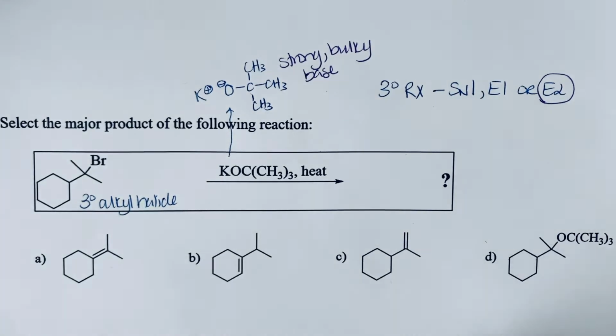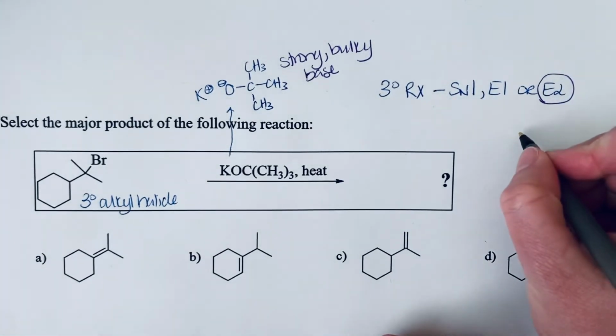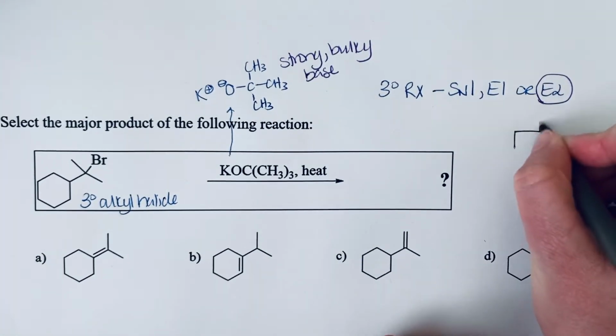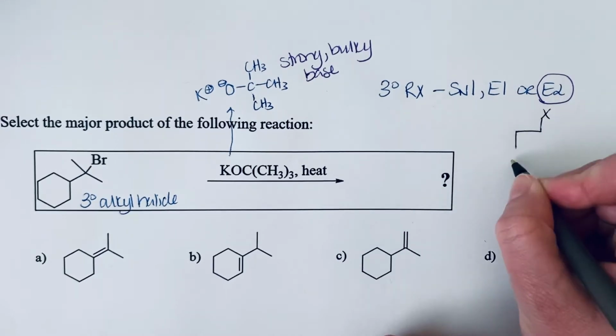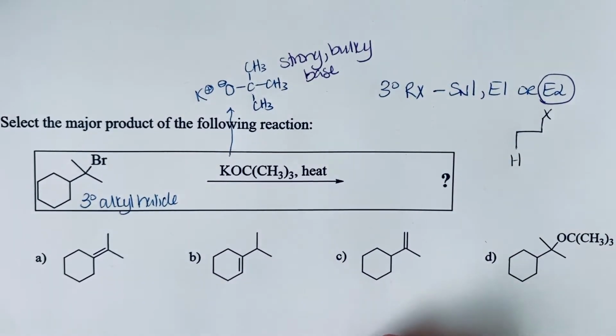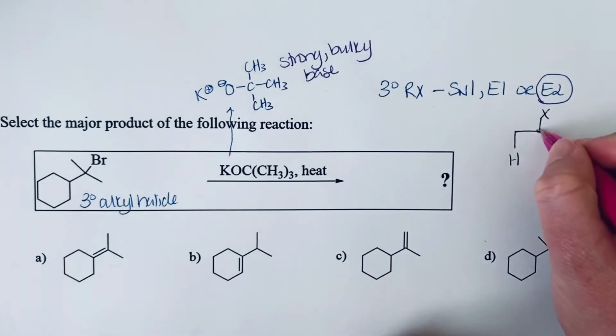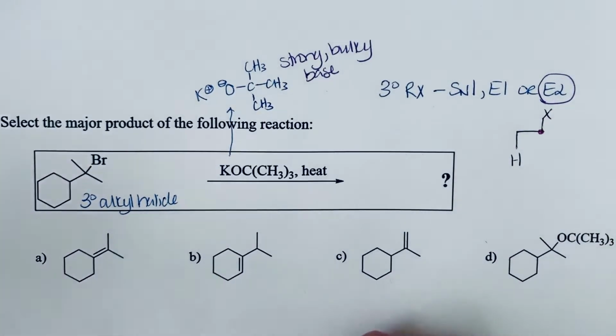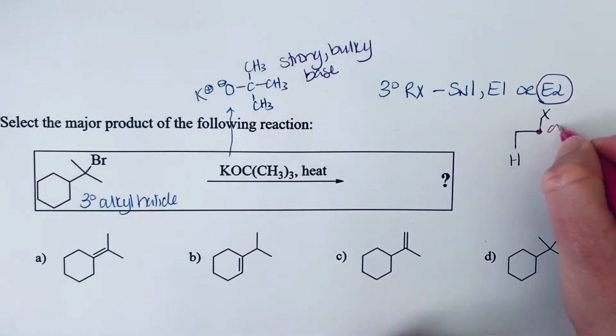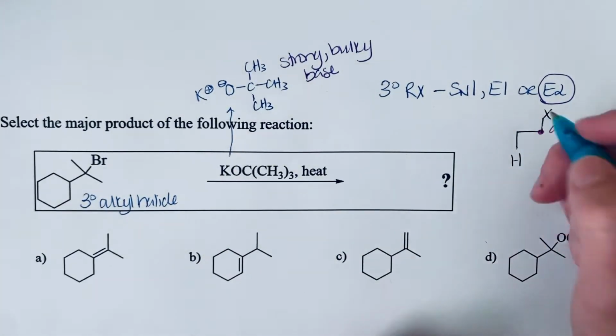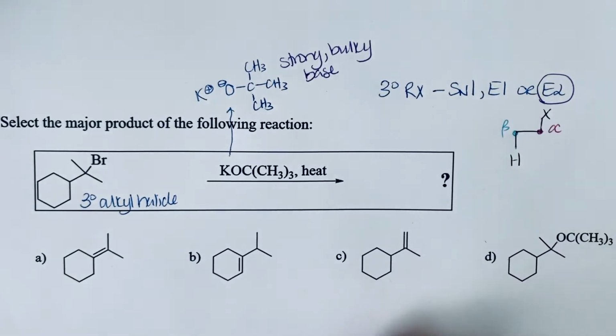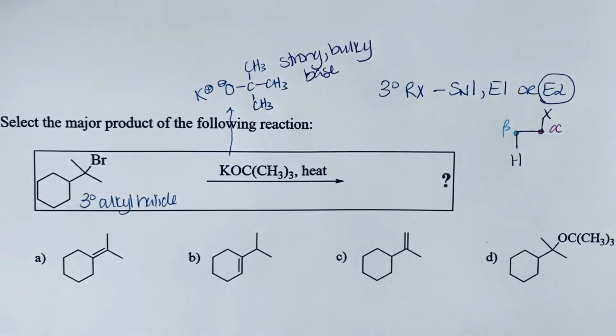E2 is your concerted elimination. In an E2, your leaving group and your hydrogen have to be 180 degrees away from each other. We have our alpha carbon where our leaving group is, so we'll label that alpha. We have our beta carbon where the hydrogen that we're going to remove is. They have to be oriented so they're 180 degrees apart now, or there should be a way for the molecule to rotate to get them 180 degrees apart.